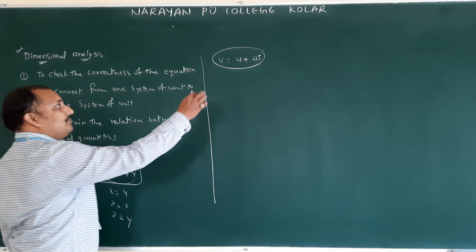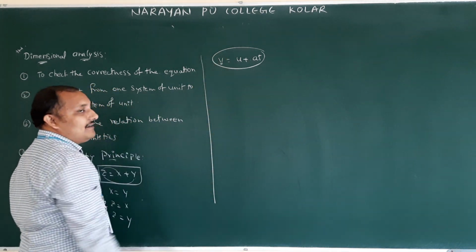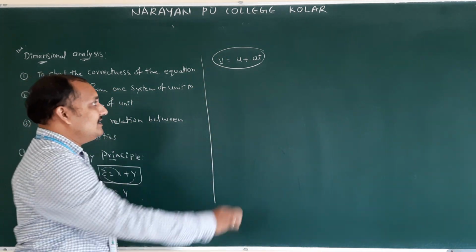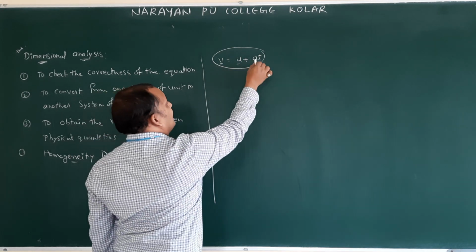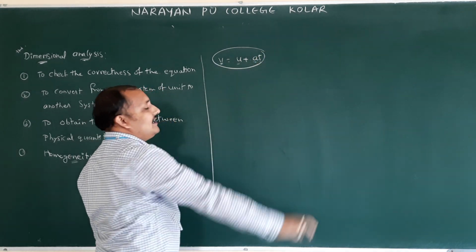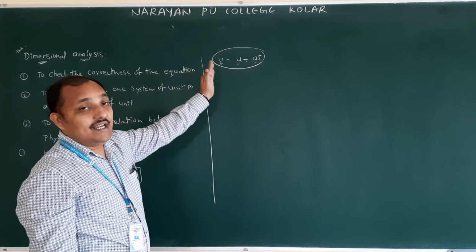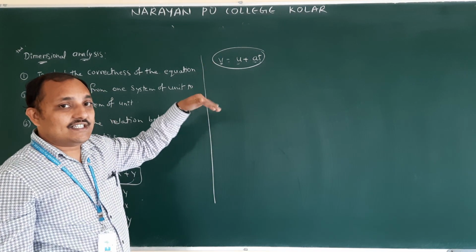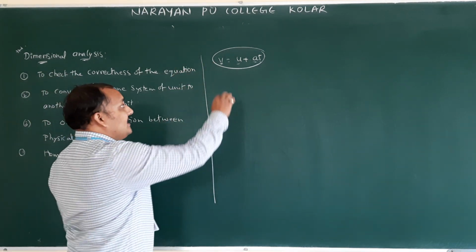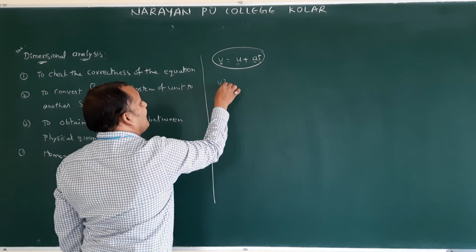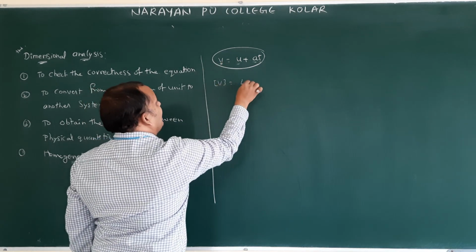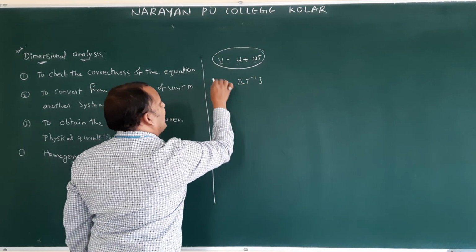First, what is v? Final velocity. What is u? Initial velocity. What is a? Acceleration. t is time. Initial velocity or final velocity, the physical quantity is velocity only. Therefore, what is the dimensional formula for velocity? LHS: L T power minus 1.